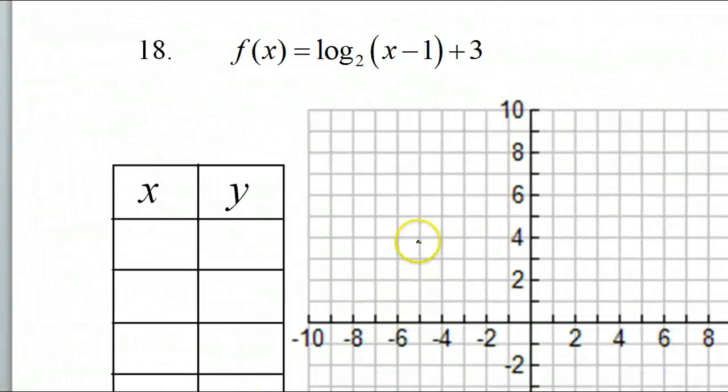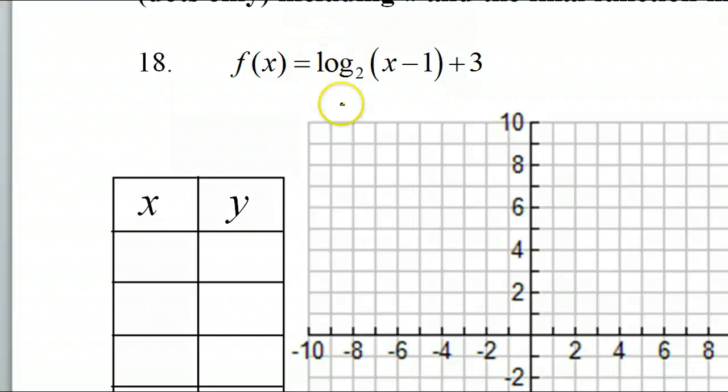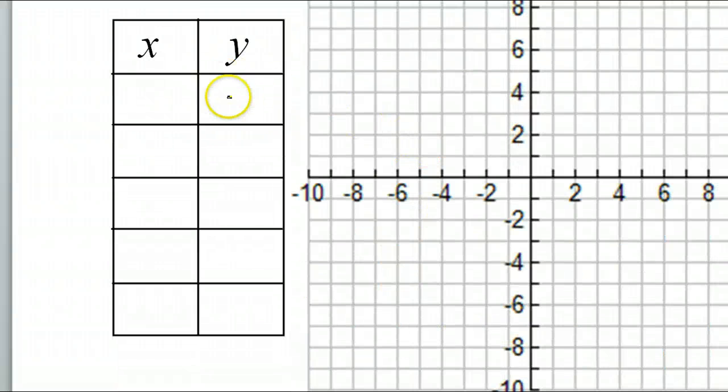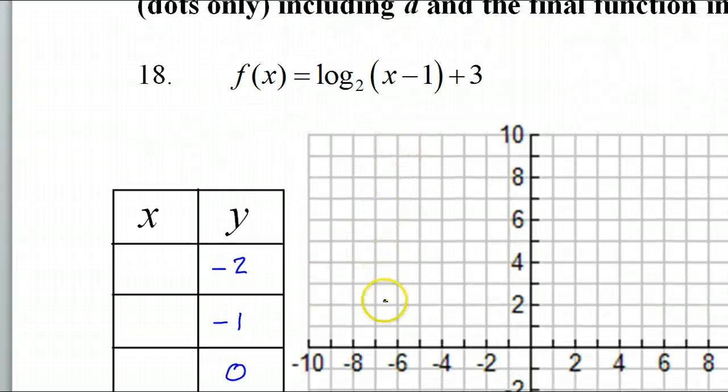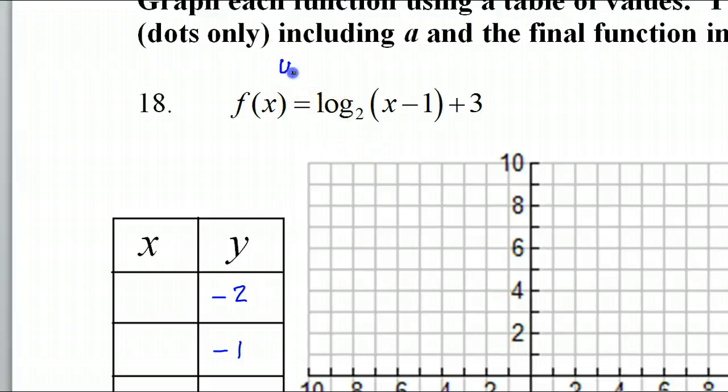Okay. This is a log function. For log functions we start with the y values, like -2, -1, 0, 1, 2. The parent function here is y equals log base 2 of x, ignoring the shifting. To get the x values, I will use the exponent form of this.